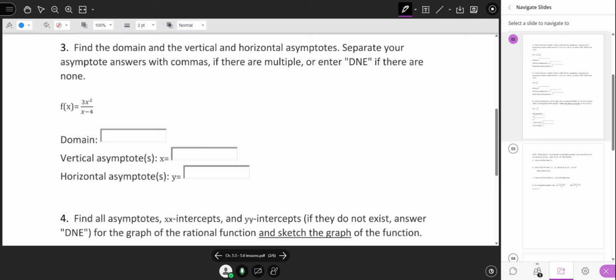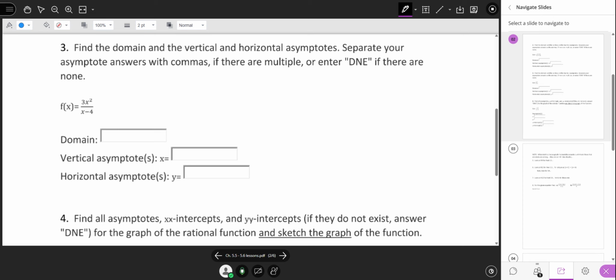Okay, so let's go into Desmos. Let me write this problem down. 3x squared over x minus 4. Fraction key, 3x squared, and then x minus 4.